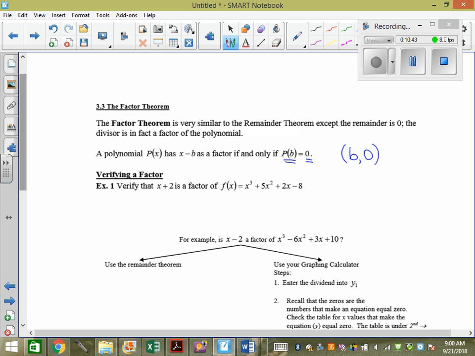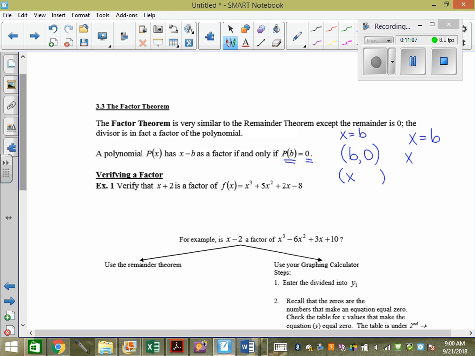Which means I'd have a factor at x, what b? I have a factor at, if this one's x equals b, so what would my factor be? Work your way back, guys. x equals b. We're just working back. How would I move this back over with the x? Subtract it.